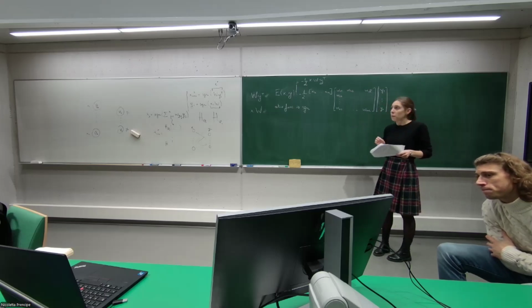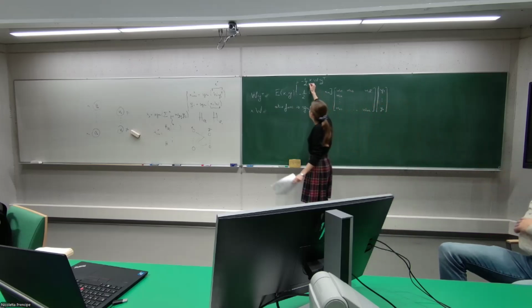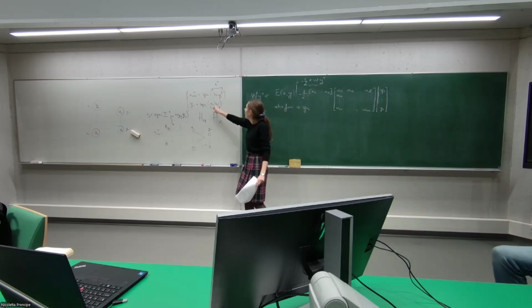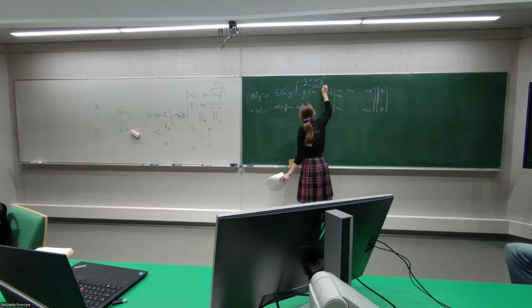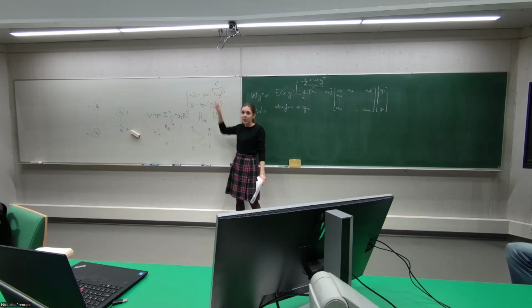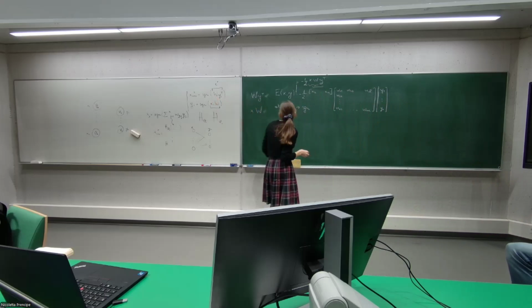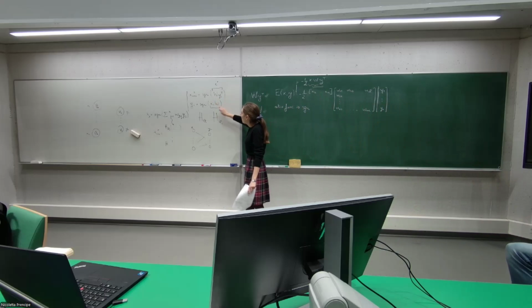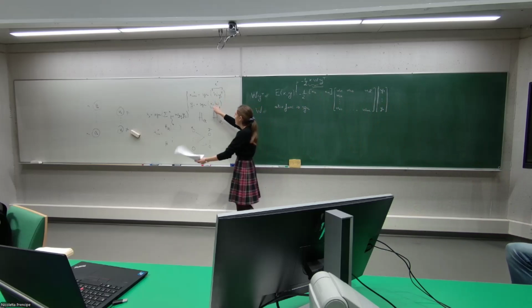Now, you can see that kind of this is this, and this is this. So we want to call this the excitation from the left layer, and this is the excitation from the right layer, or vice versa.